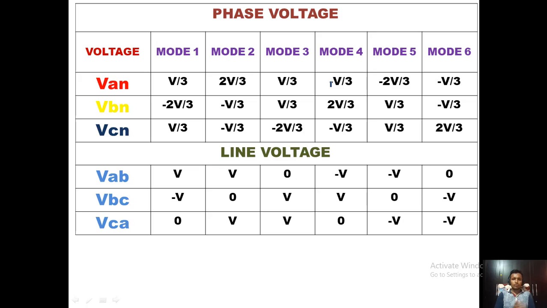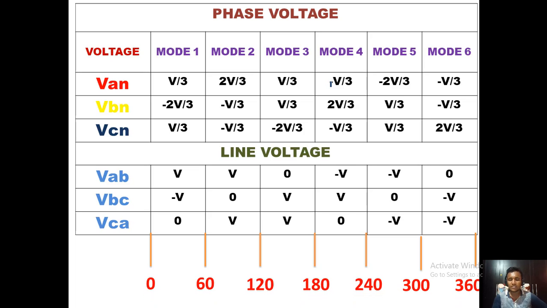Now we have to draw the waveforms for phase voltage and line voltage. So in this phase voltage and line voltage waveform, we have drawn the extended line here. You can see we have drawn the extended line, and we have also entered the degrees, that means 0 to 60, 120, 180 and 240. Now we have to just draw the waveforms.